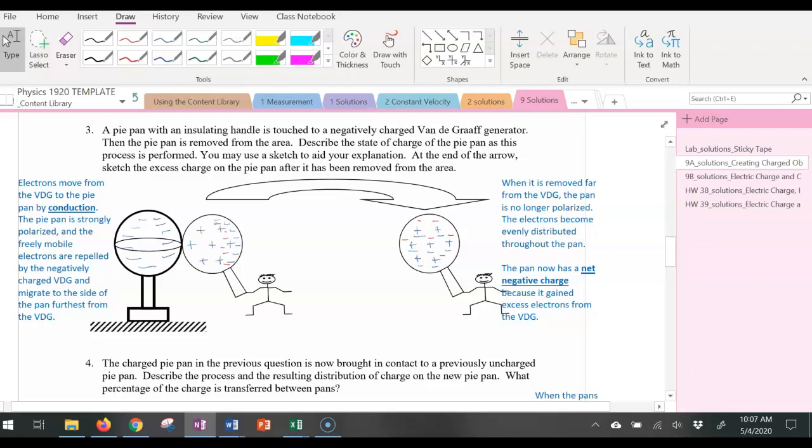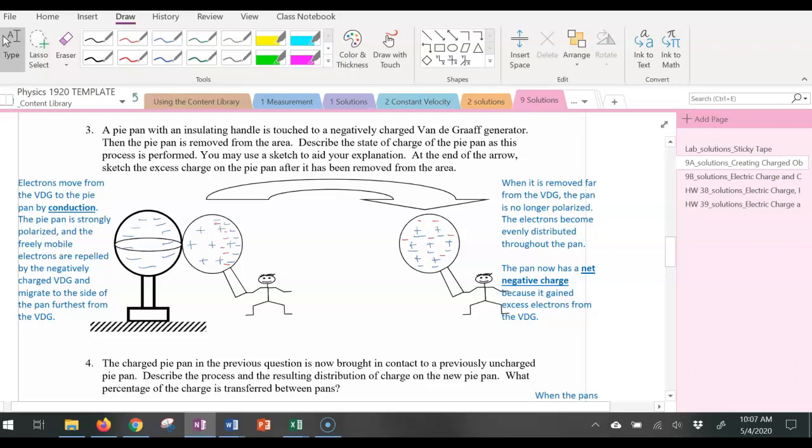I've represented the atoms here with 7 plus signs, and notice they're kind of evenly distributed around the pan. So those protons don't move. The atoms are rigidly bonded, but the electrons can move.